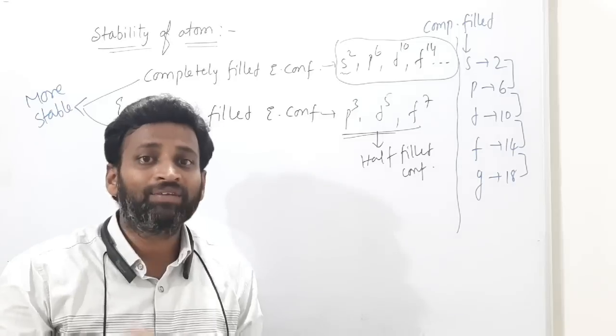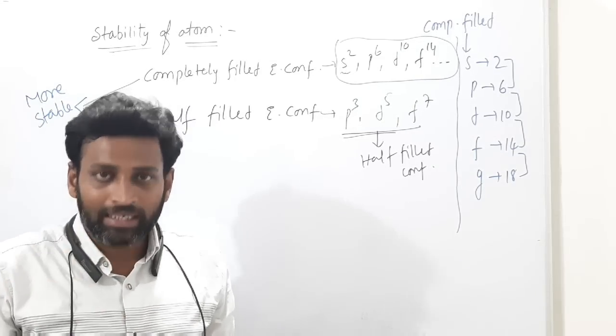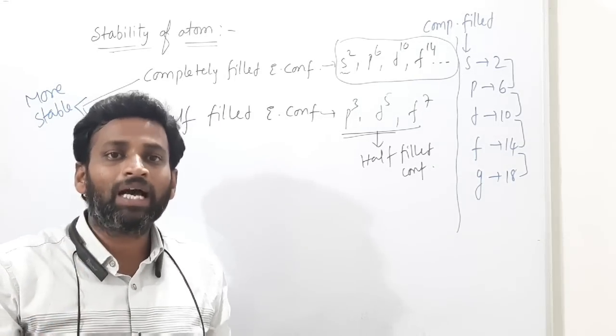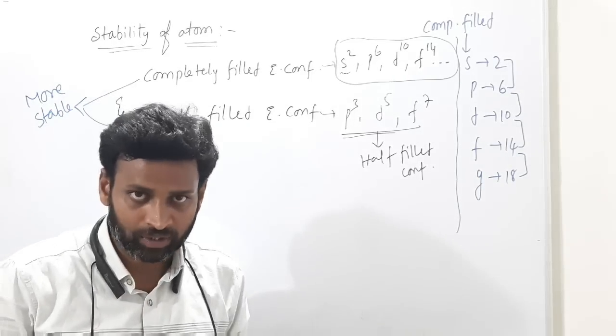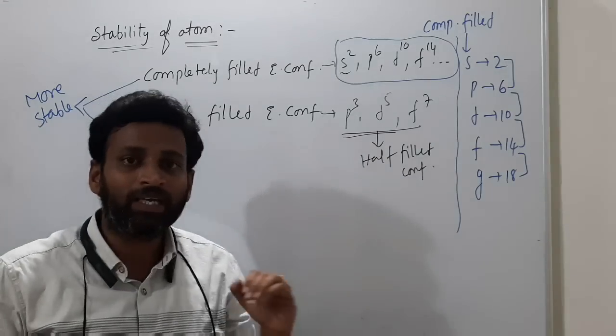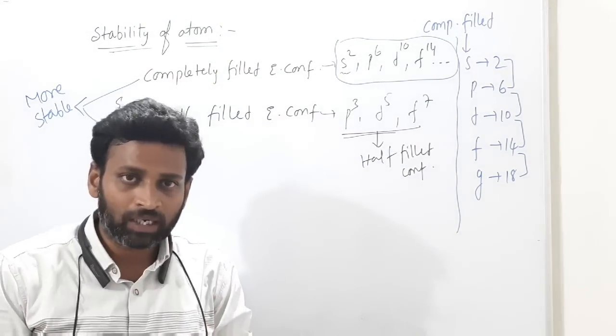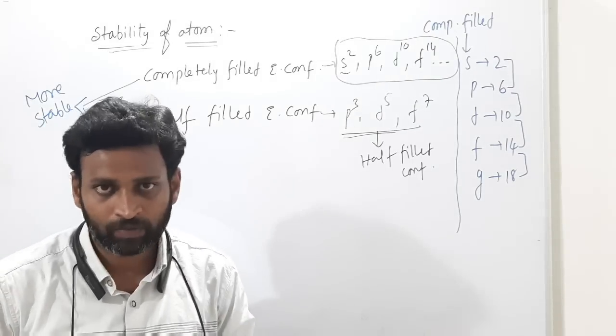Before that, if anybody wants to learn electronic configurations early, please message me. I will share those videos. In our next class I will explain in class as well, but if anybody wants to learn before that, please message me and I will give you.